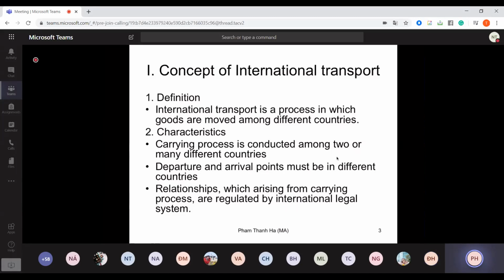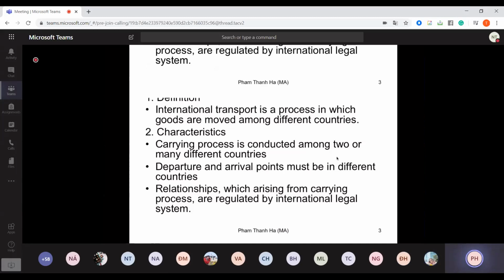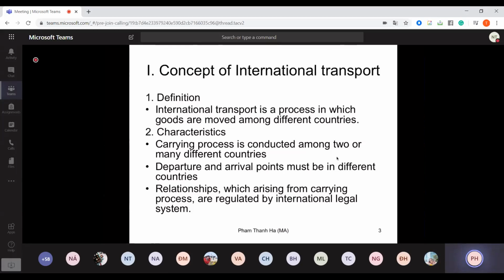Yes. So any other opinions? I heard that someone would like to contribute more. I think another relationship is with the customs office. With the customs office, right? Exactly, because of course we need to do customs procedures in order to import or export our goods. Once again, I also agree with you, but because now we are talking about the transportation process, I just want to focus on the main one.